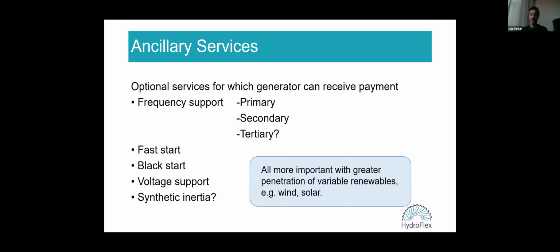And solar, you basically get whatever the solar panel's putting out. There's no storage whatsoever. So as you increase the amount of variable renewables, you reduce the amount of generators that can provide the frequency response and inertia.